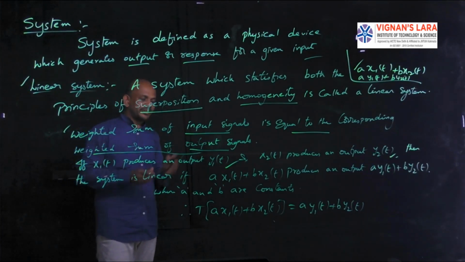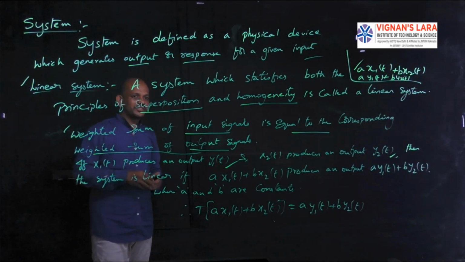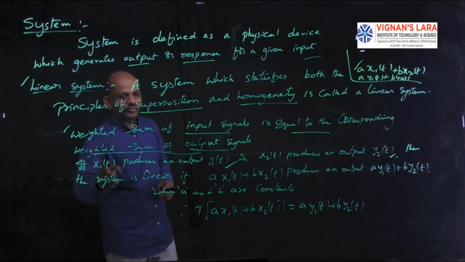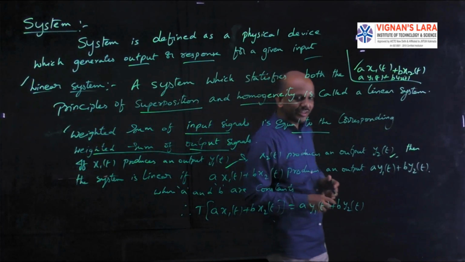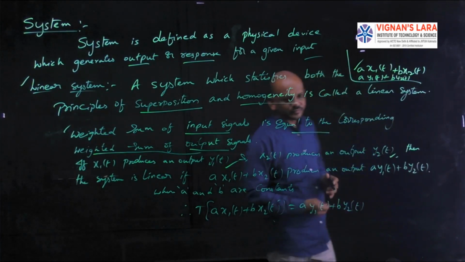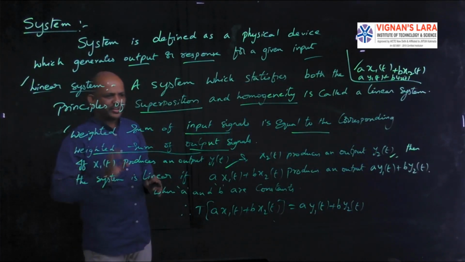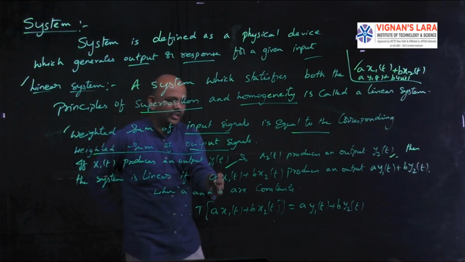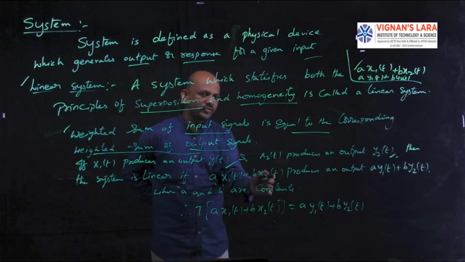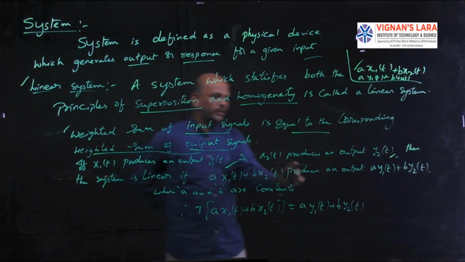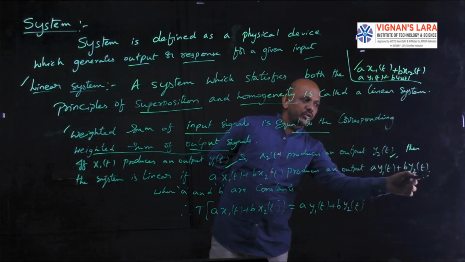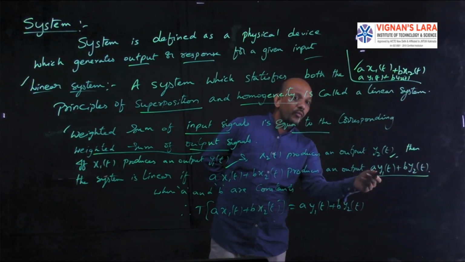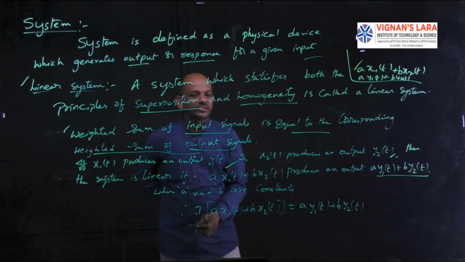To explain this I took two signals, x1 of t producing y1 of t and x2 of t producing y2 of t. The system is linear if a into x1 of t plus b into x2 of t, the weighted sum of input, produces a into y1 of t plus b into y2 of t, the corresponding weighted sum of outputs.